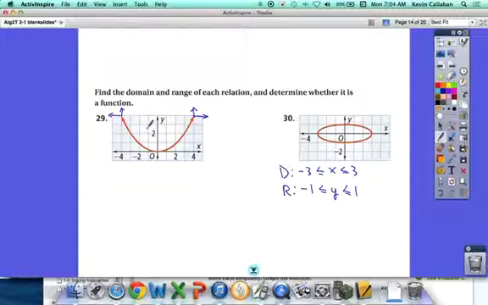So we would say that domain is all reals. And the range, the points that make up this graph don't go infinitely down. They actually stop at y equals 0. So you would say y is greater than or equal to 0.